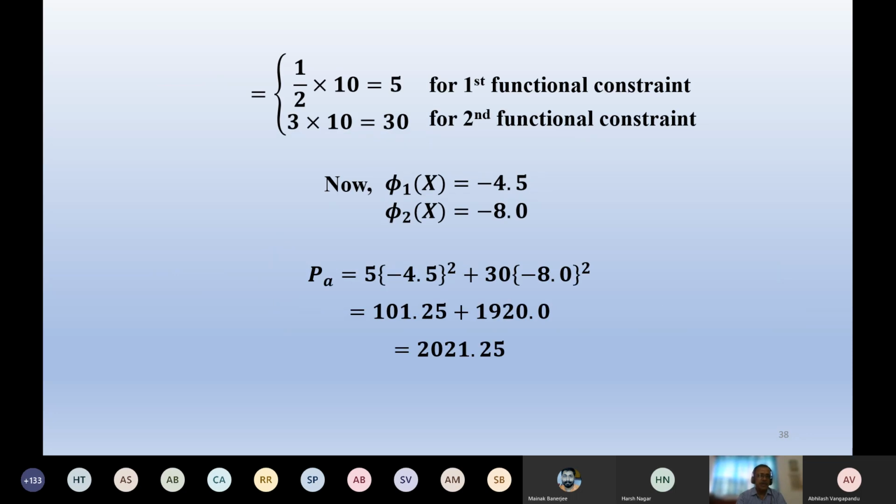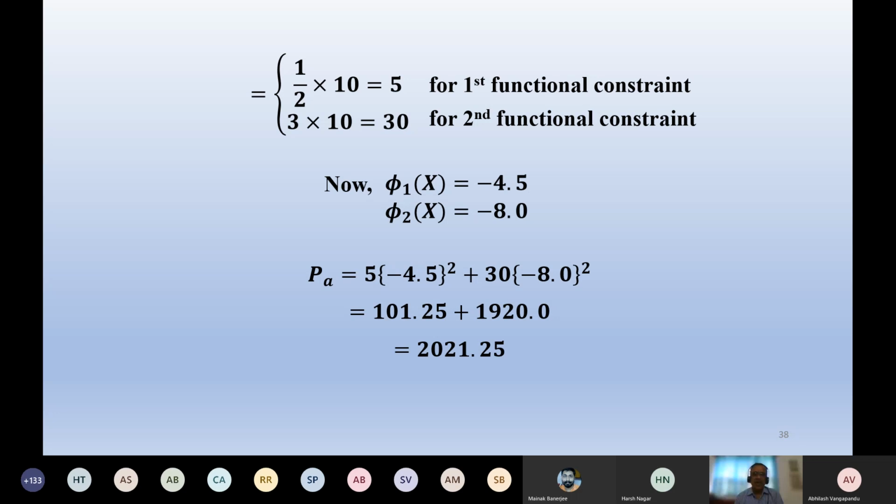For this particular problem, lambda t plus 1 for the first functional constraint will become half multiplied by 10, that is equal to 5. And lambda t plus 1 for the second functional constraint where there is a violation will be 3 multiplied by 10, that is equal to 30.